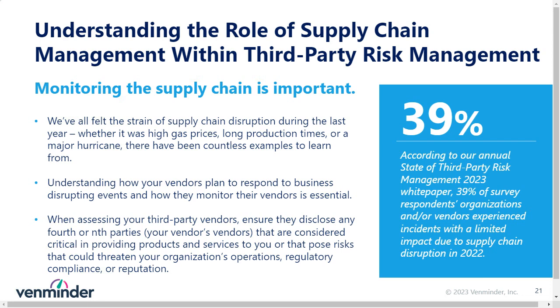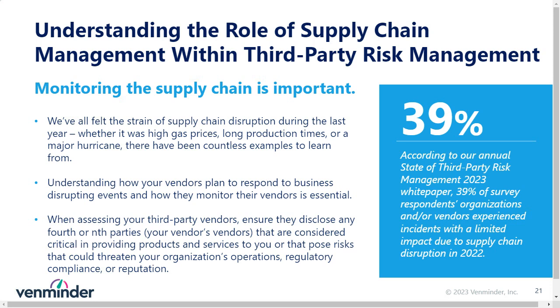Understanding what your vendors' plans are to respond to business disrupting events and how they monitor their vendors is very critical. When assessing your third-party vendors, ensure they disclose any fourth or nth parties. These are the vendors' third parties that are considered critical in providing products and services to you, or that pose risks that could threaten your organization's operations, regulatory compliance, or reputation.